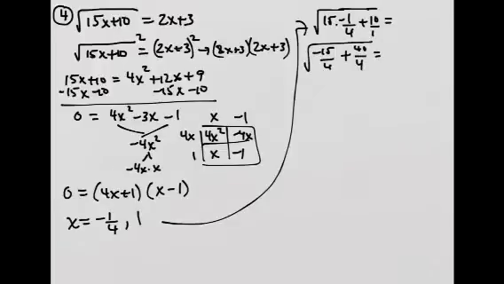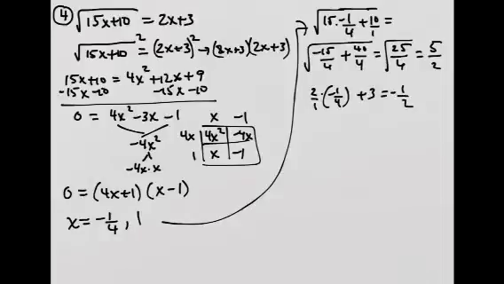So that gives you 25 over 4, which when you take the square root, you get 5 halves. Put the negative 1/4 on the right side, so 2 over 1 times negative 1/4 plus 3. So that's negative 1/2, right? Because when you multiply across, you get negative 2/4, which is negative 1/2, plus 3. 3 minus a half is 2.5, and 2.5 and 5/2 is the same thing. So this one's good.